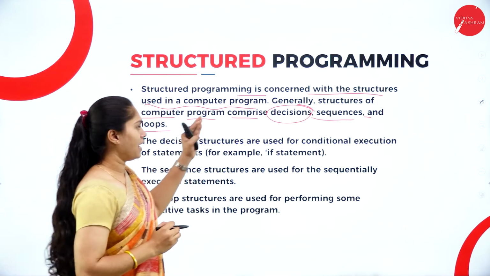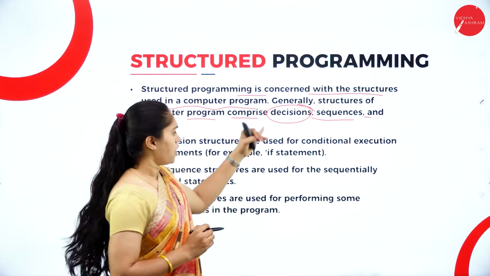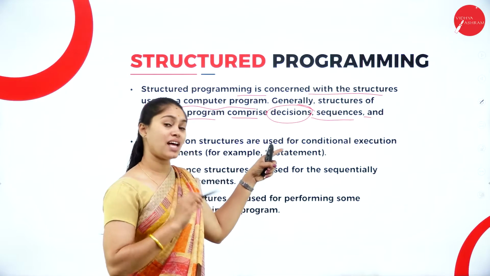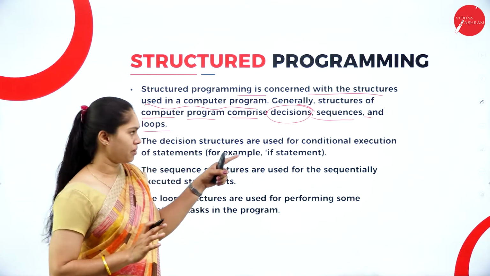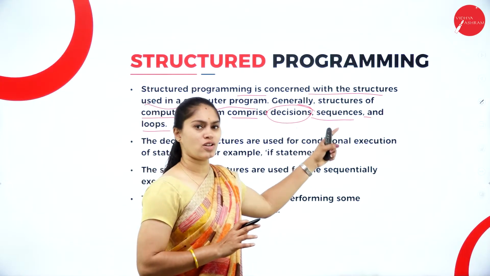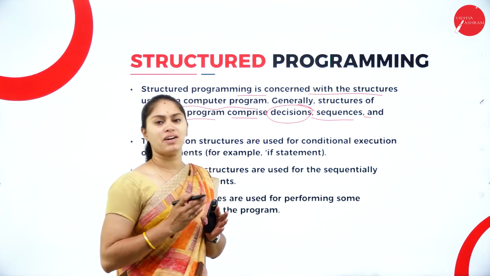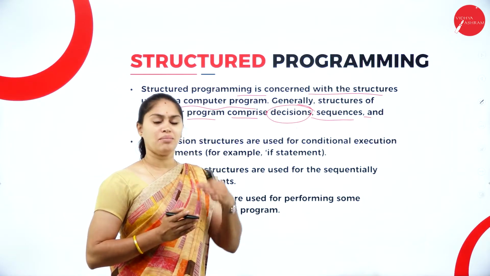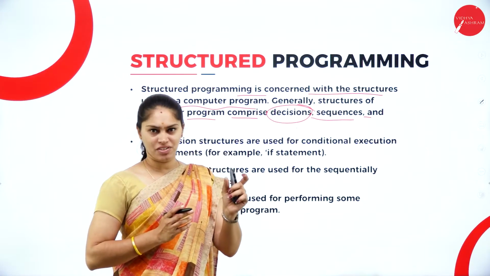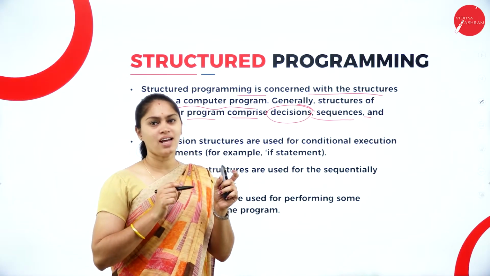So here it mainly comprises three components. One is decision making. For that we use an if-else statement or any conditional statement. And also we have a sequence. For example, if I have 5 instructions or 5 lines of code, I have to execute the first statement, then I can come to the second statement.